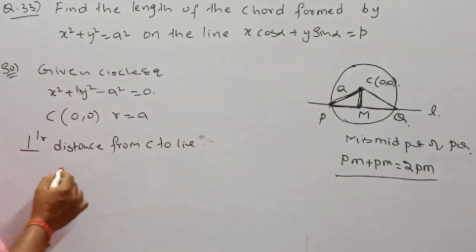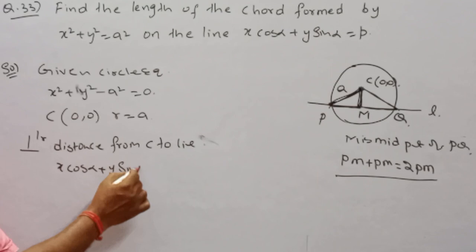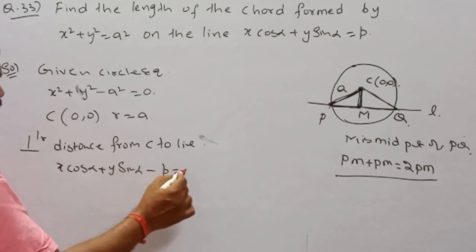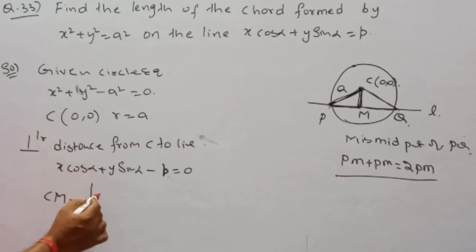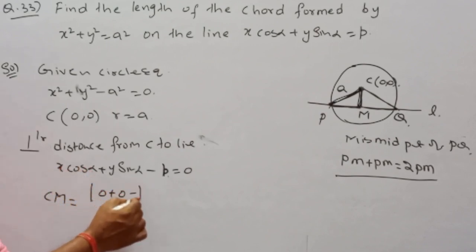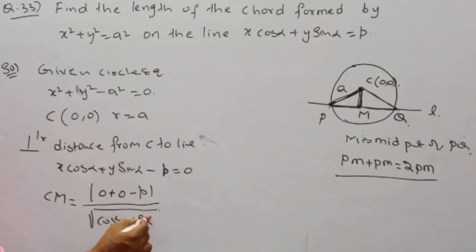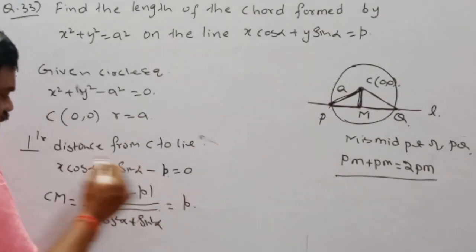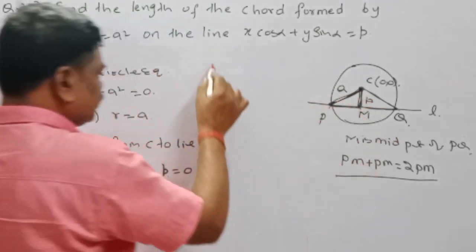The given line is x cos alpha plus y sin alpha minus p is equal to 0. That is, CM is equal to the perpendicular distance, (0 minus p) by root over cos square alpha plus sin square alpha, which is equal to p. This is the perpendicular distance.